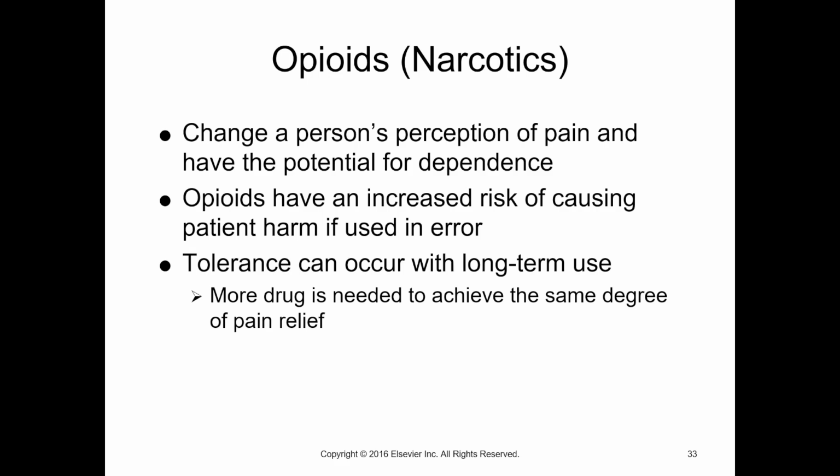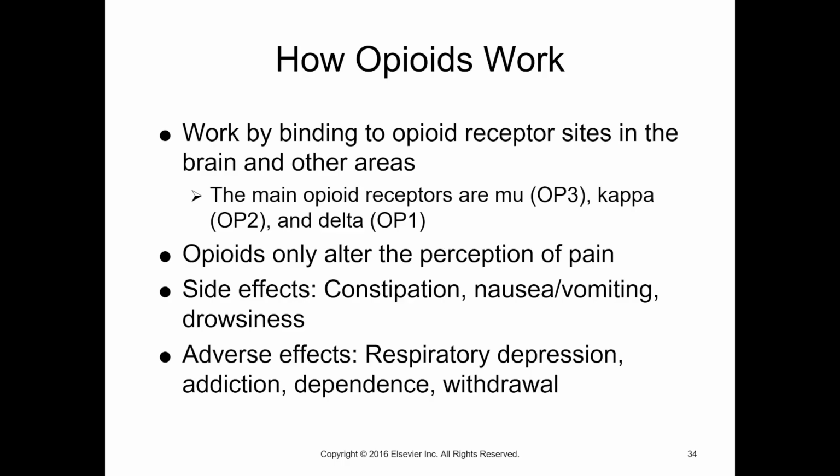You do build up tolerance to them. And that is because of the way they work. They bind opioid receptor sites in the brain. As those receptor sites are bound, the body kind of stops responding to those signals as strongly and as much. So then you need more of a drug to get the same effect as before.